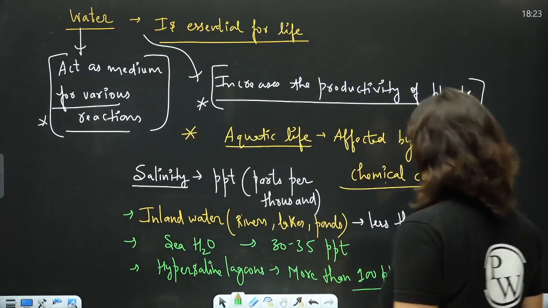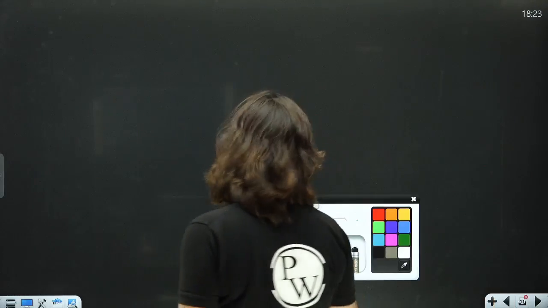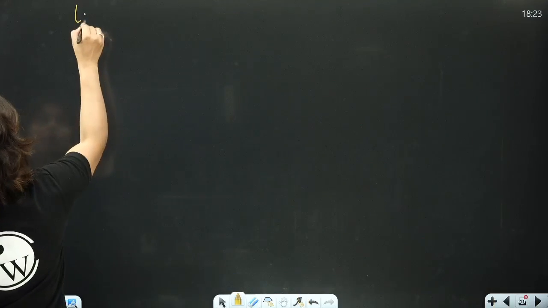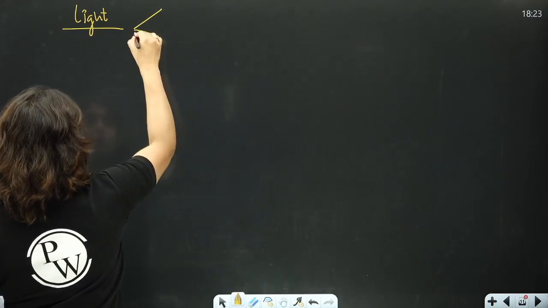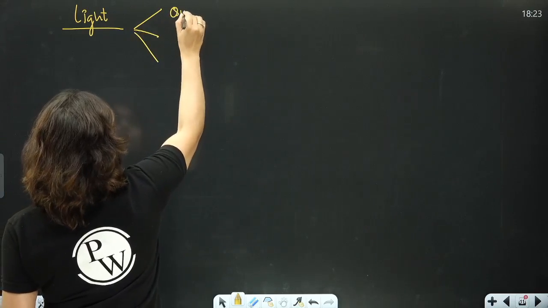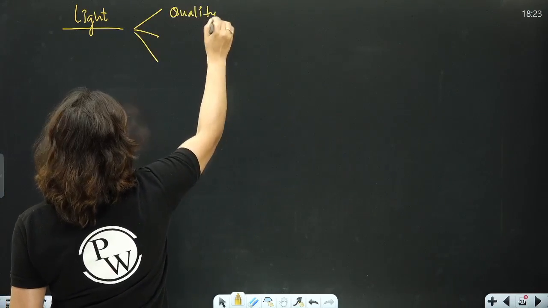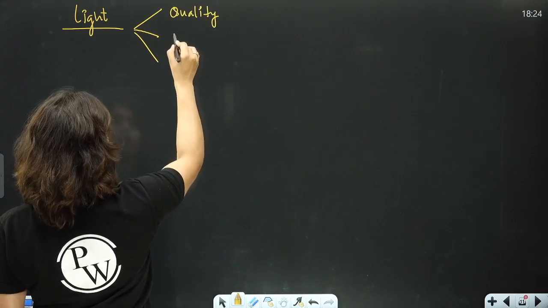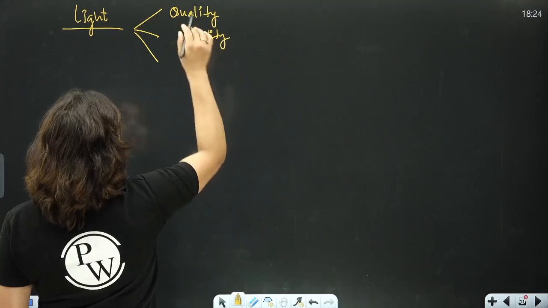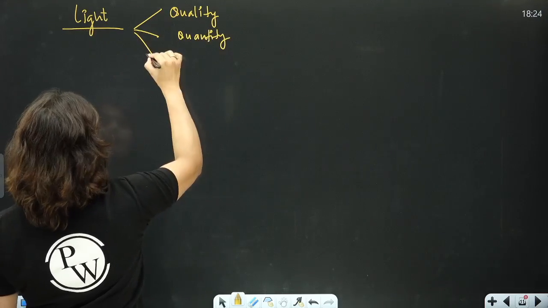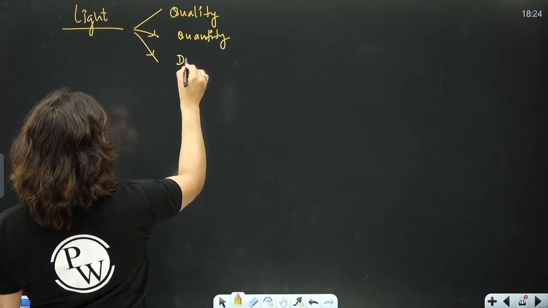Then after water comes the light. Light is also very important. There are several aspects of light which affect the productivity in case of plants: the quality of light, quantity of light, and the duration of light.